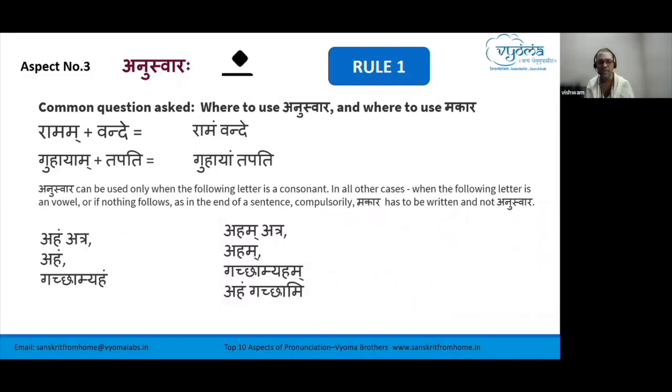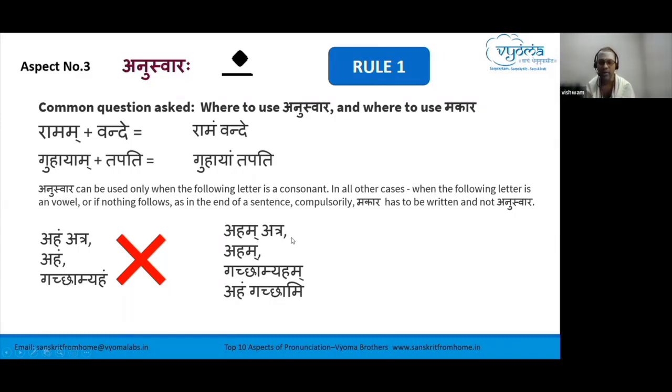The first rule was, if there is a vyanjanam, a consonant, after that dot, it should continue as a dot. And if there is a swara after that, it will become ma with the stroke. So aham plus atra, if you write like this, it is wrong. It should be aham ma with the stroke and atra.